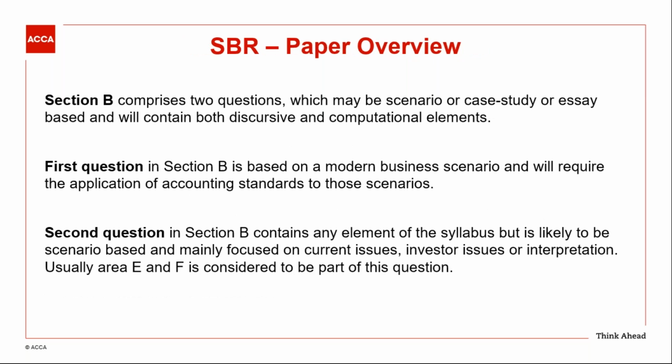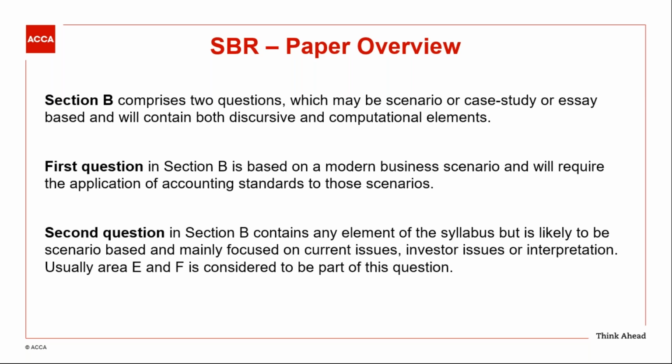While section B comprises 2 basic case scenarios or case studies, where 25 marks are allocated to each question. For question number 3 and question number 4, you will be given 25 marks each.